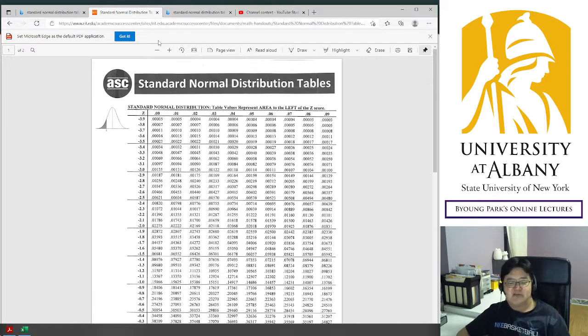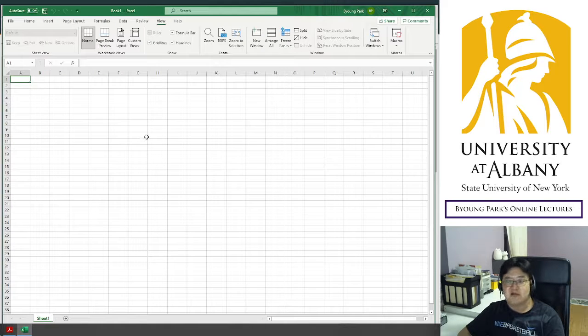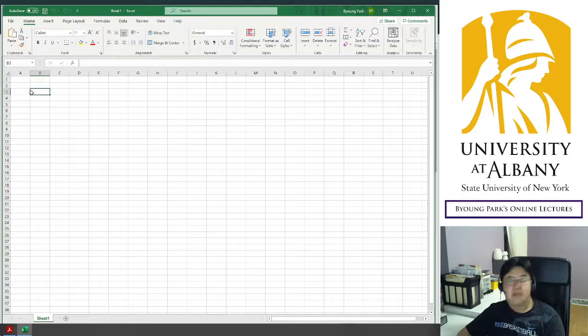I cannot buy a laptop for them. So I had to use this normal distribution table, but now you are not restricted to a paper form. A better way is obviously using Excel. You do not need to use paper when a better option, a computer, is available. So I'll show you how to calculate the CDF.